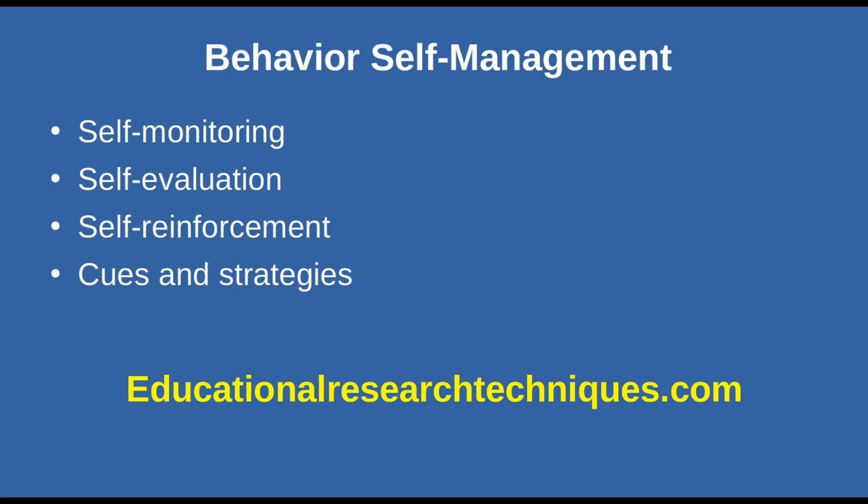Lastly, there are also cues and strategies that you can provide the students to help them with this. So circumstantial cues involves trying to put the student in the right situation so that they can have success in monitoring their behavior. And of course, strategies can include self-talk and rehearsal.